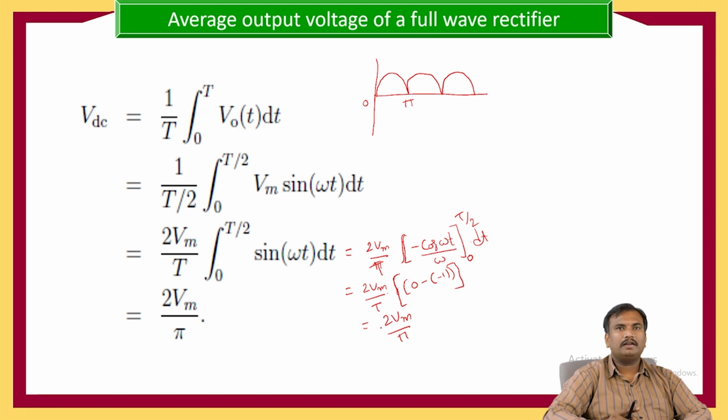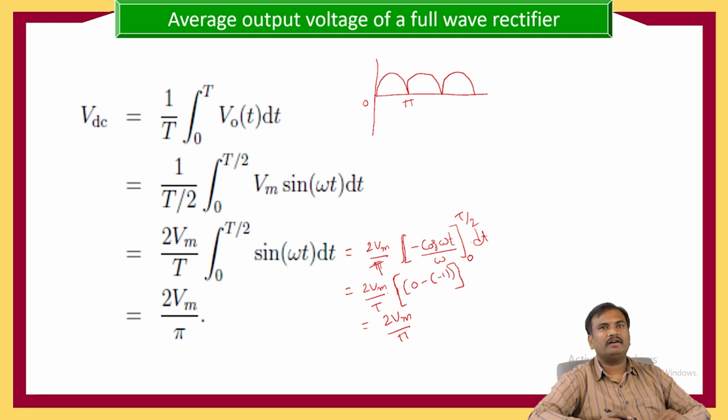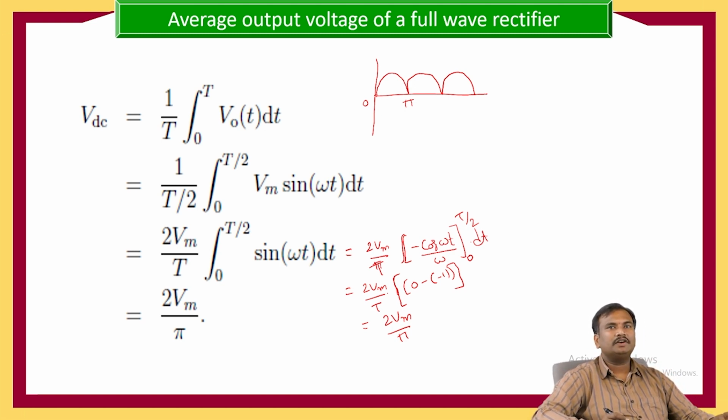So we are going to get the average output voltage as 2 Vm by pi.